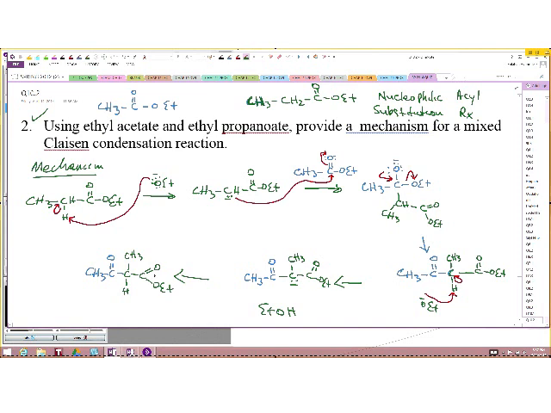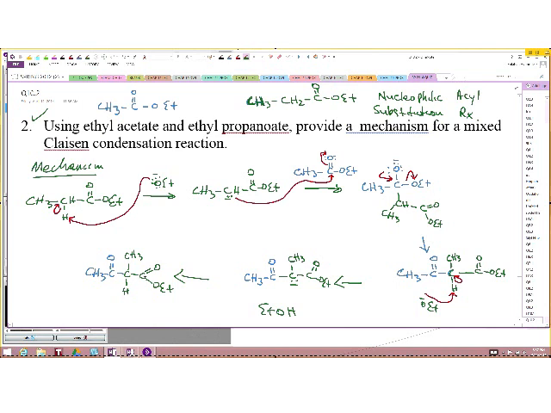Okay, and that will be the product. Keep in mind that in the Claisen condensation, the first thing you do is form the enolate anion, and then the enolate anion will react with the ester in a nucleophilic acyl substitution reaction, in which essentially you will be kicking out the alkoxide, and the final product will be a beta keto ester in this particular instance.